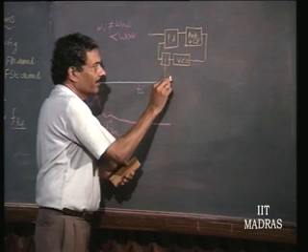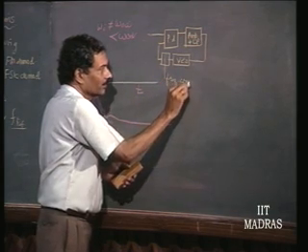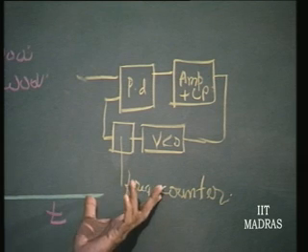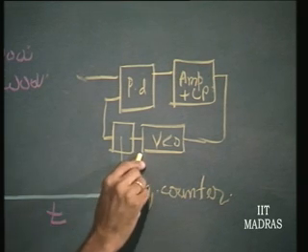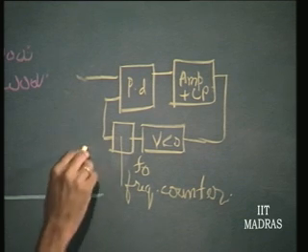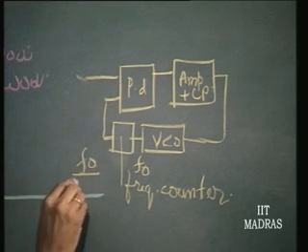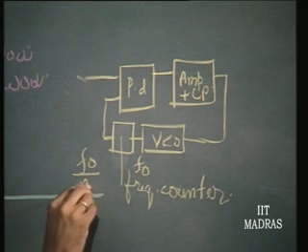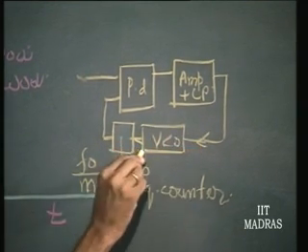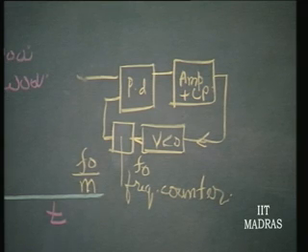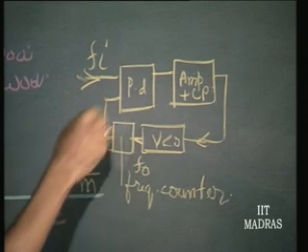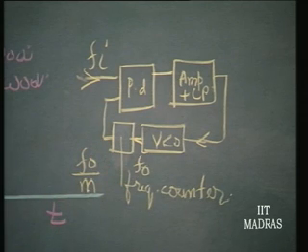with a frequency counter, a programmable counter you put here. That means this VCO frequency is, let us say, f naught, and this will be f naught by n, or we will call it m. This incoming frequency is still Fi. As far as the phase lock loop is concerned, it does not know what you are doing.